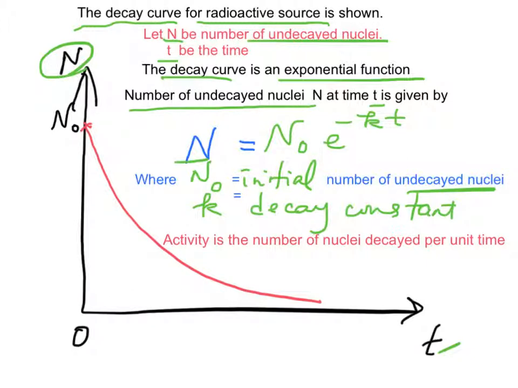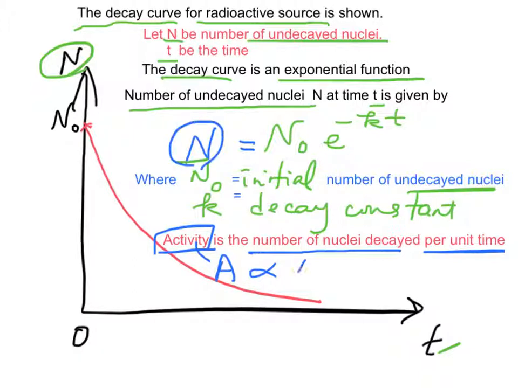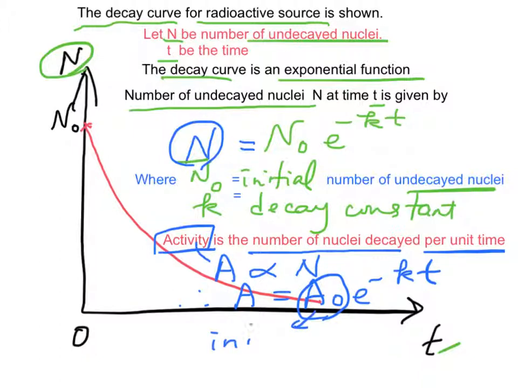Let's define activity as the number of nuclei decayed per unit time. Similar to the dice decay, we have activity A proportional to the number of undecayed nuclei n. Therefore, we have A equal to A naught e to the power negative kt, where A naught is the initial activity.